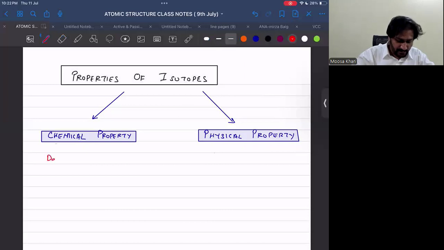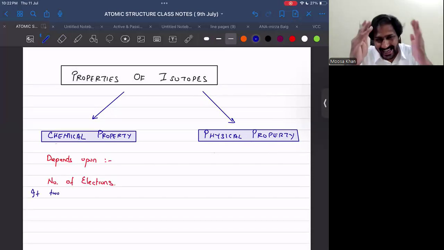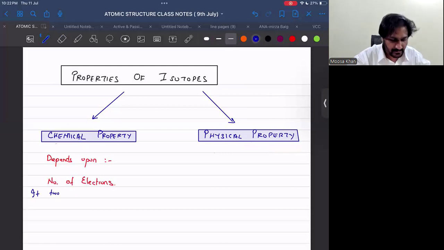Chemical properties basically depend upon the number of electrons. If two particles have the same number of electrons, it means they have the same chemical properties. The word particle means it can be an atom or an ion. Collectively the word particle is used for atom or ion.